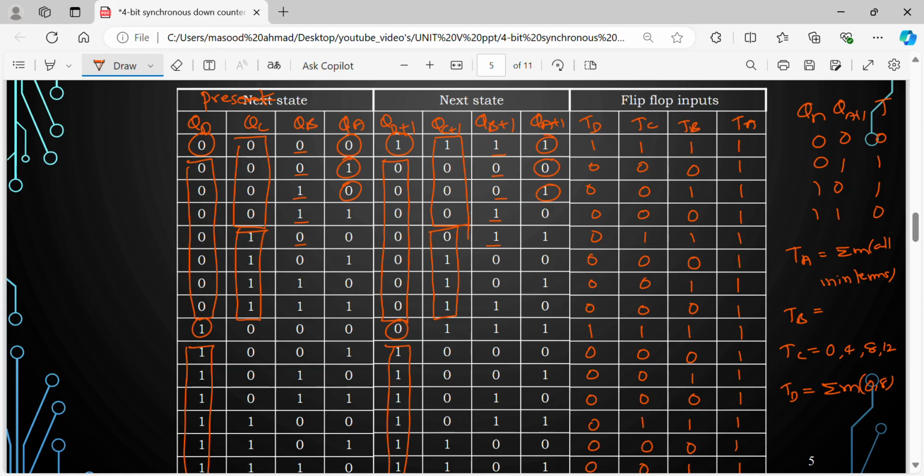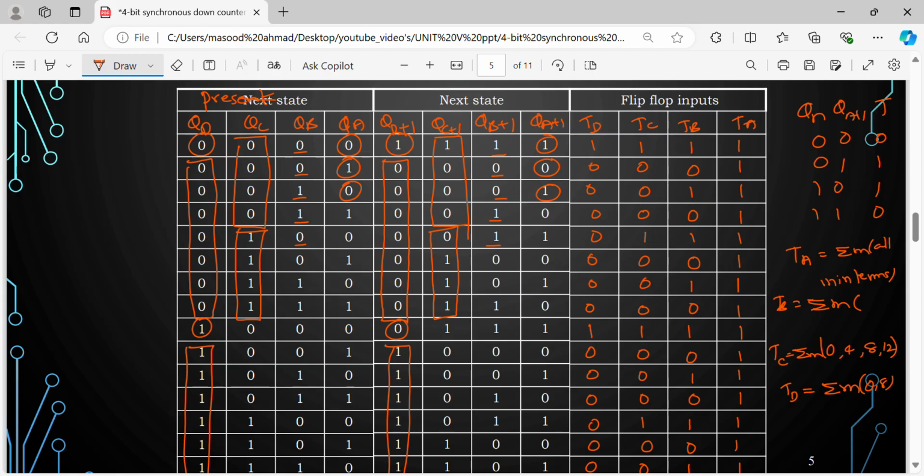TC is nothing but sigma m of these values. Similarly, if I look at TB, what I need to do is take TB, then show that TB is sigma m.